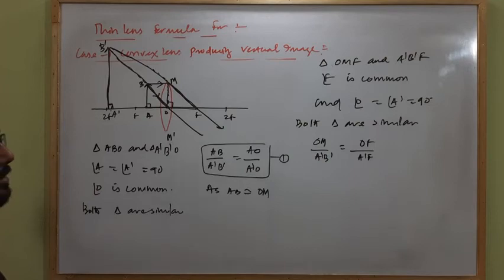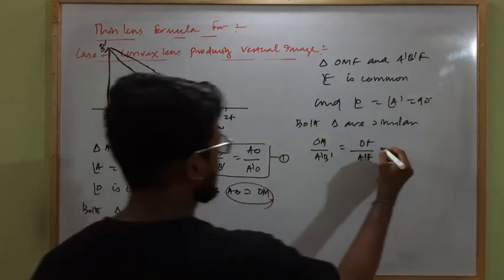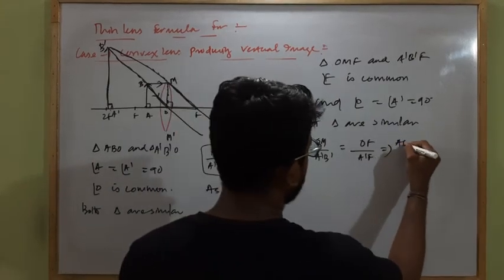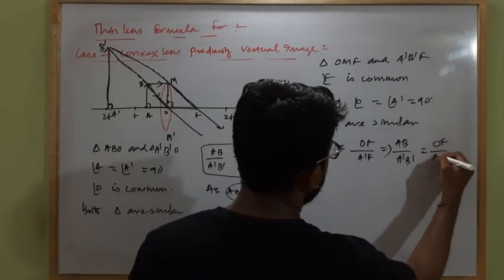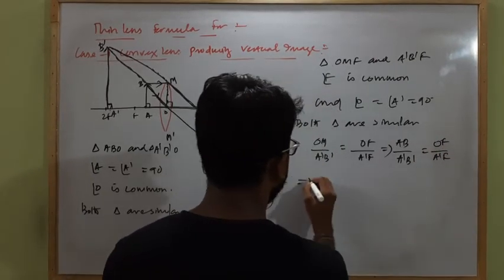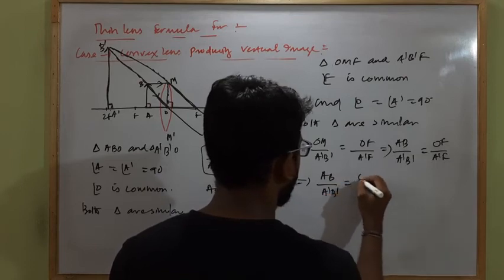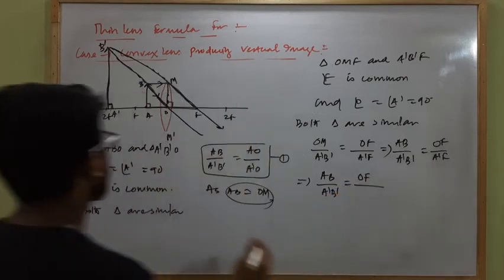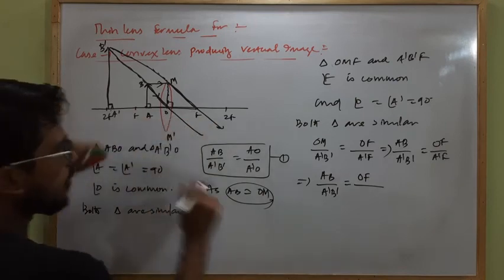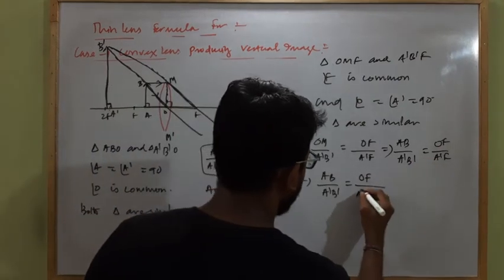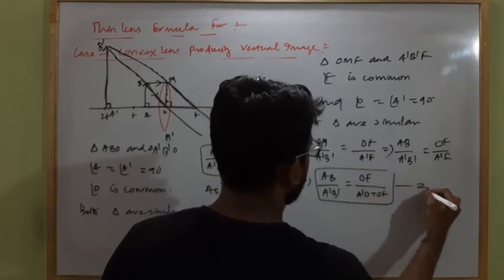Clear? As OM is nearly equal to AB, this can be written as AB divided by A'B' equal to OF divided by A'F. What is A'F? A'F can be written as A'O plus OF. Let it be equation 2.